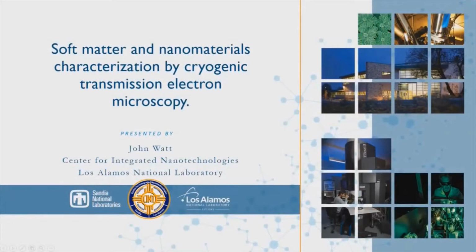My name is John Watt from the Center for Integrated Nanotechnologies at Los Alamos National Laboratory, and it is my pleasure to give this MRS webinar today on soft matter and nanomaterials characterization by cryogenic transmission electron microscopy.